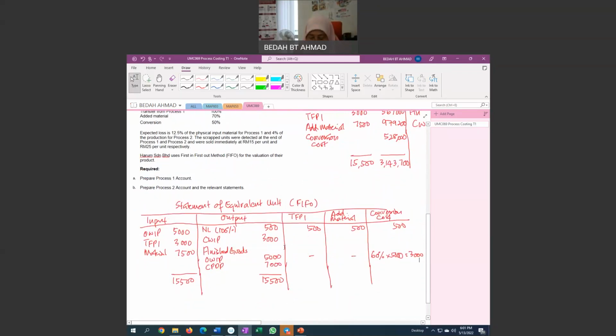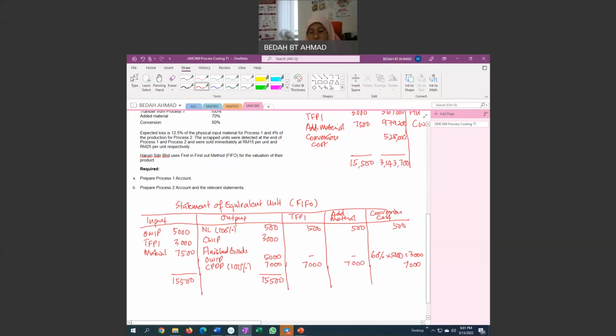Then for the completed production during the period, we assume it is 100% completed. So here it is 7,000 for transfer from process 1, considered 100% completed. Additional material also 7,000 completed, and conversion cost also 100% completed, 7,000.